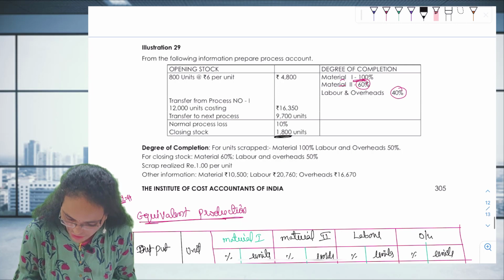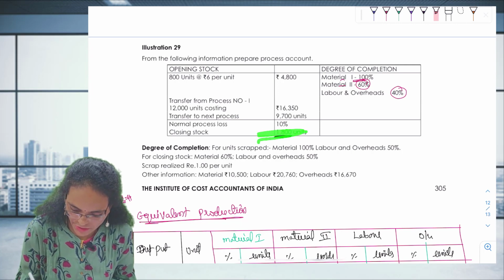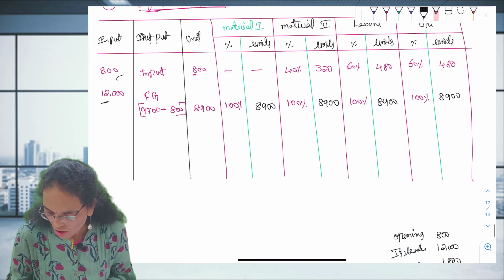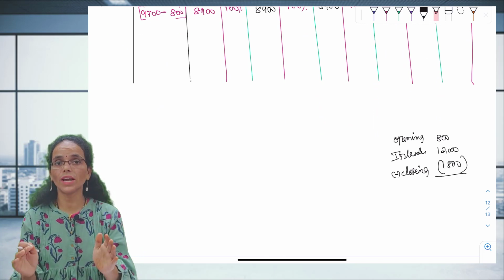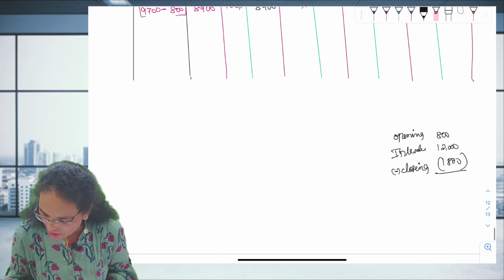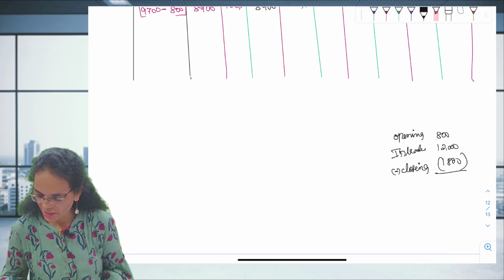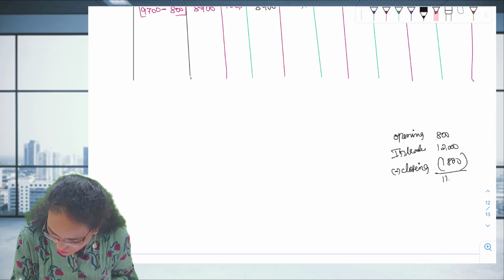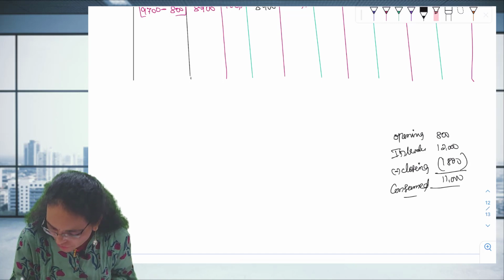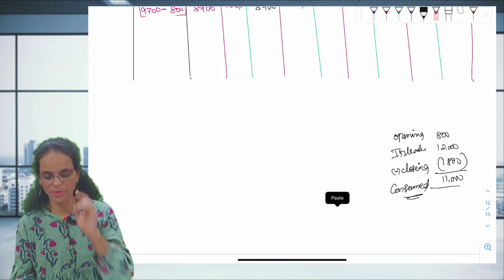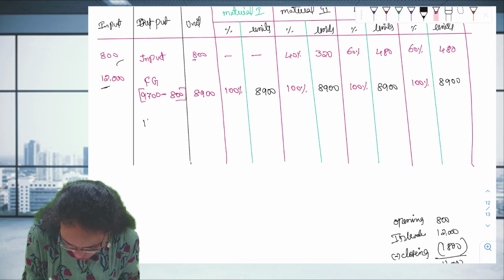Here it is given 1,800. So how many units were utilized or consumed in the production? 800 plus 12,000 minus 1,800 is nothing but 11,000 units consumed. So on this 10%, normal loss is 1,100. That is 10%.